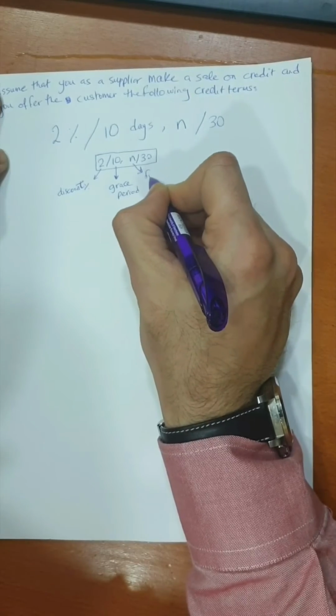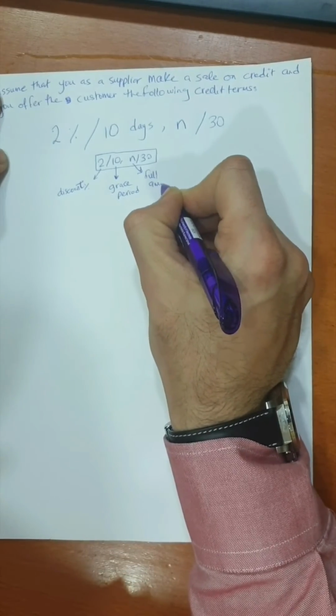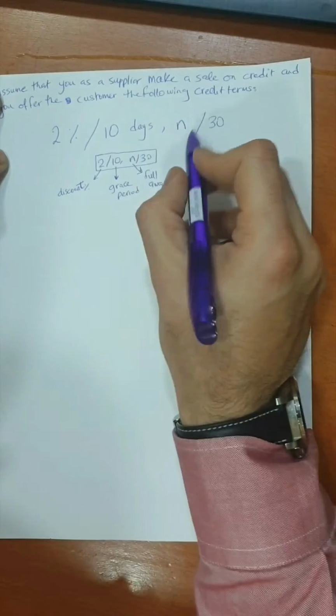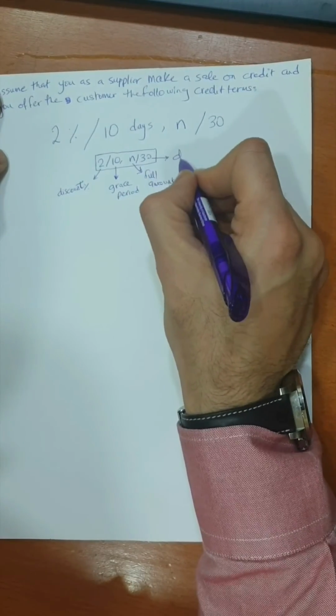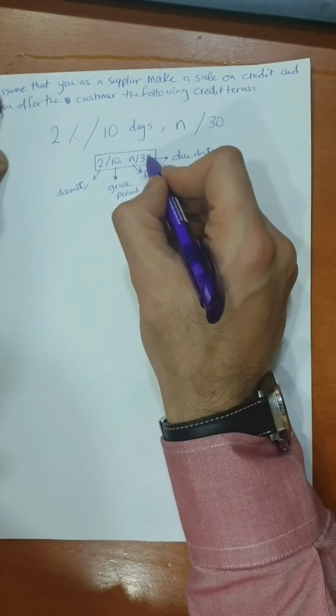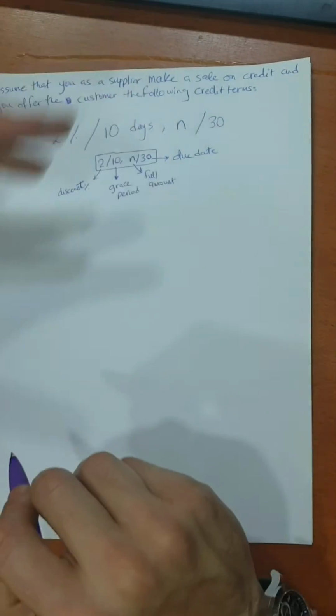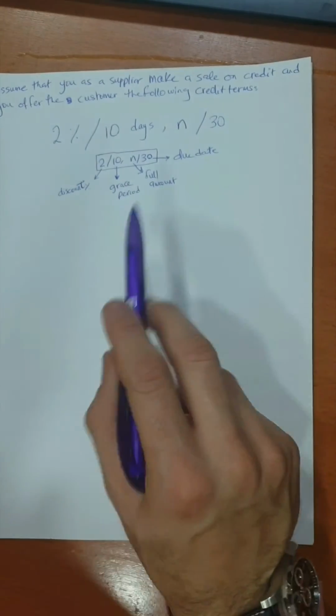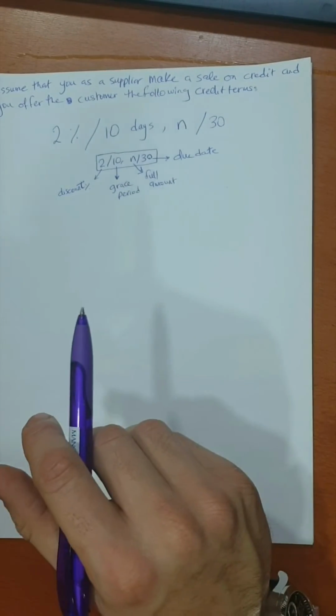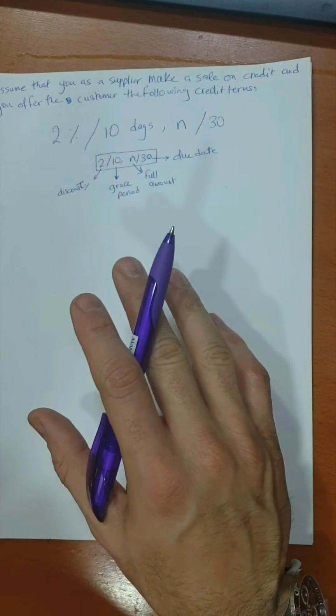This is the full amount, and due date. So you cannot postpone paying beyond 30 days, otherwise something else occurs, just like the account receivable will become a note receivable, so you'll have to pay interest and so on.